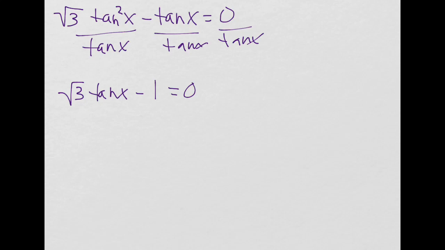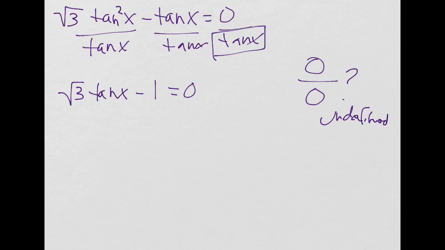Well, no, not really, because what is 0 divided by 0? Well, that's still undefined. So, if this tangent happened to be 0, we'd have a problem. So you're essentially limiting your domain and range, because you cannot put those values, 0, pi, and 2 pi, that are equivalent to 0, because you can't divide by 0.